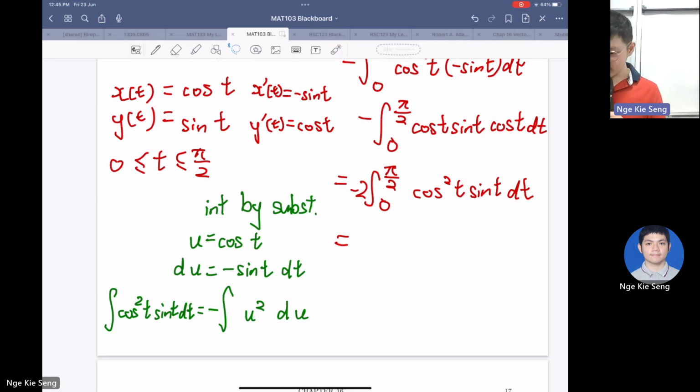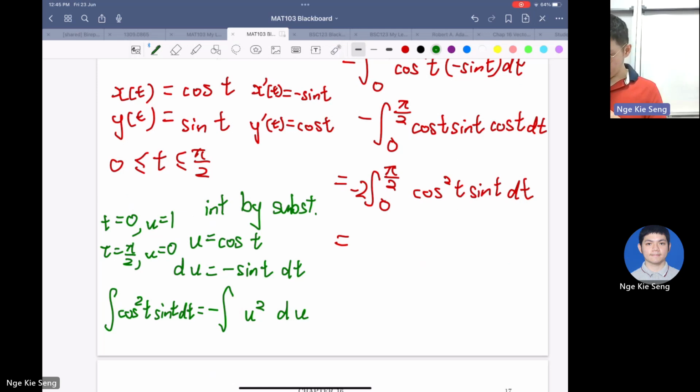Then this means I need to change my integration domain. When t equals 0, what happened to my u? My u becomes 1. When t equals π/2, what happened to my u? 0.